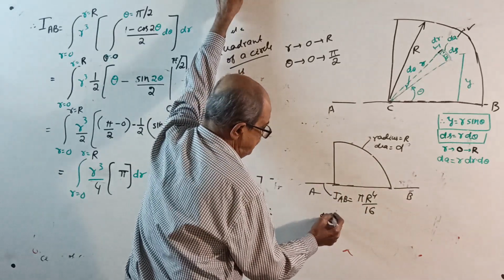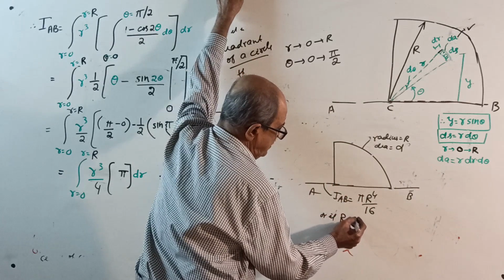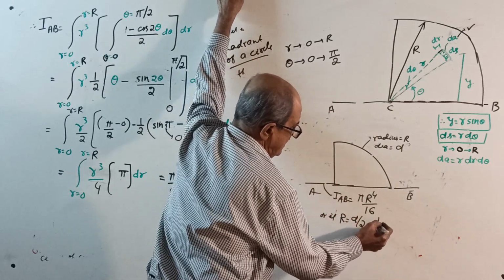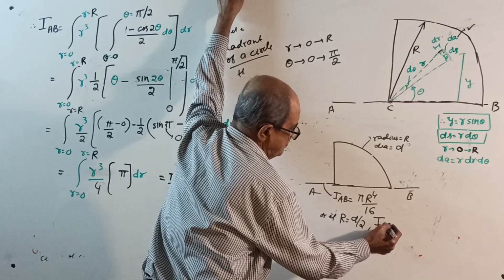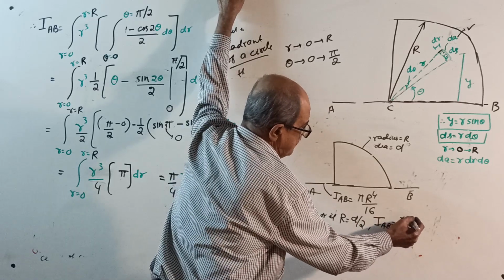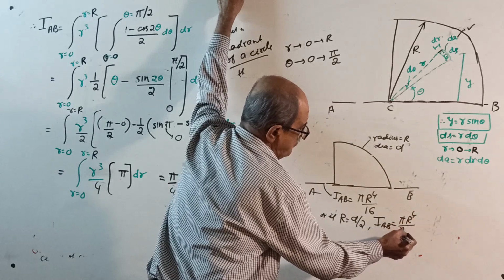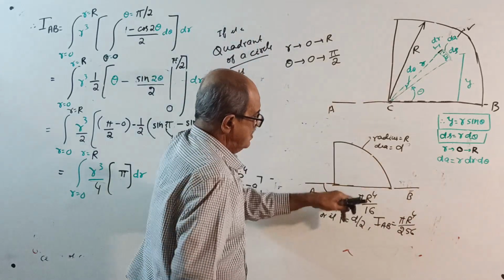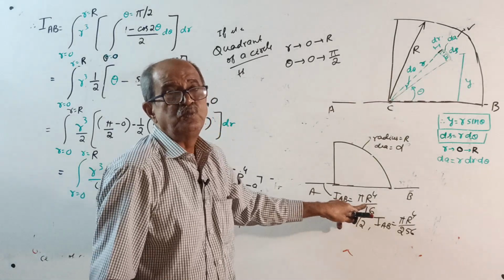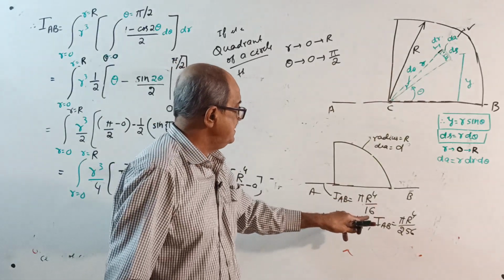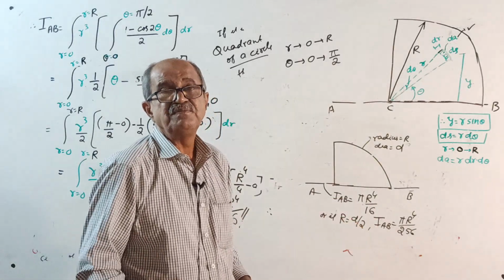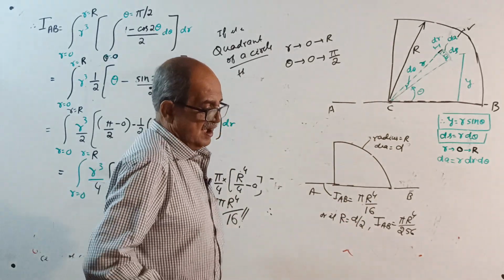Or if you replace r equal to d by 2, then IAB will become pi d power 4 by 256. How? R equal to d by 2, 2 power 4 is 16, 16 into 16 is 256. Okay, now over.